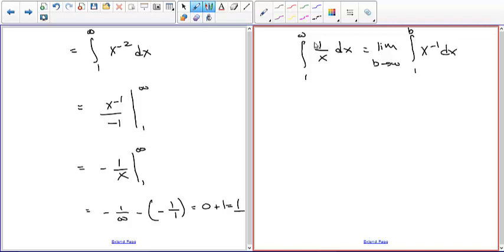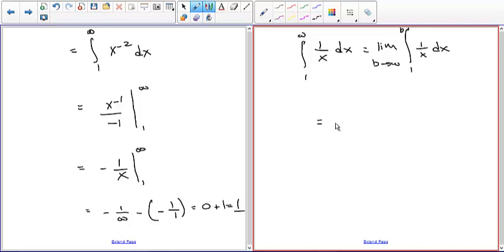So I went ahead and changed it into the limit form and rewrote this with the negative exponent. So we add 1 to the exponent. Well, actually, we don't do that because it's the natural log. Sorry, that doesn't work. So we'll just leave it as it was. It's still 1 over x dx. I got carried away here.